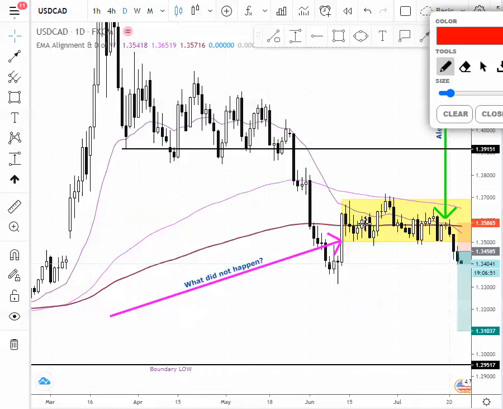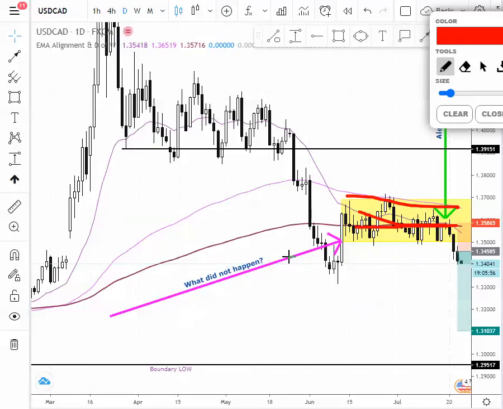And one of the things I look for is when the three EMAs become flat or virtually flat. Oftentimes, when they become flat like this, when price chooses a side, it typically gives you a good run.